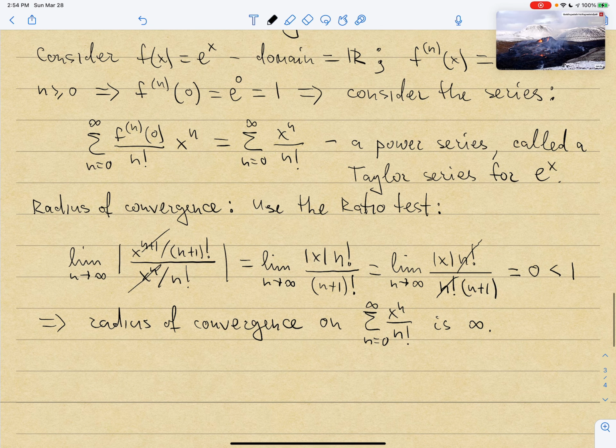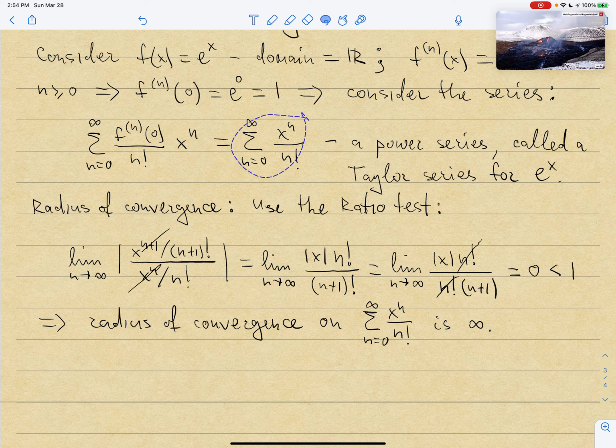Okay, so my exponential function that I chose to use in the beginning is a function which is defined on the entire real line, and I associate it with its Taylor series, so this power series where I took derivatives of e to the x and I stuffed them into the expression for the power series, and I got that.